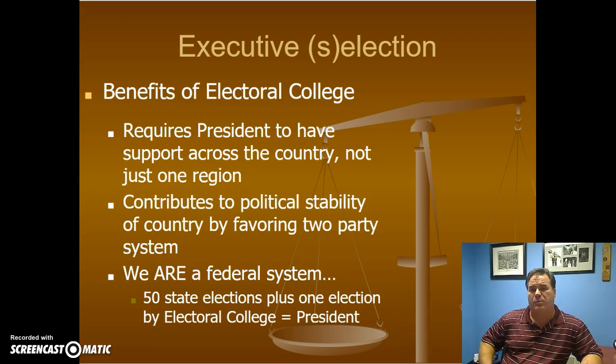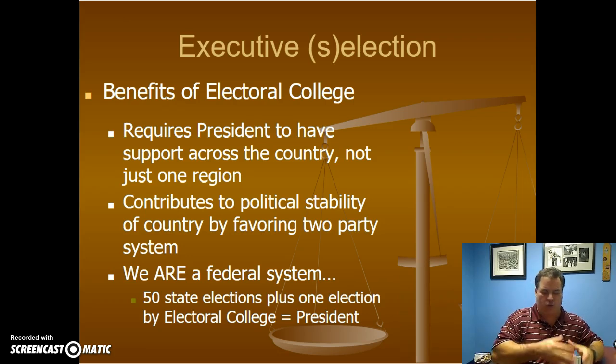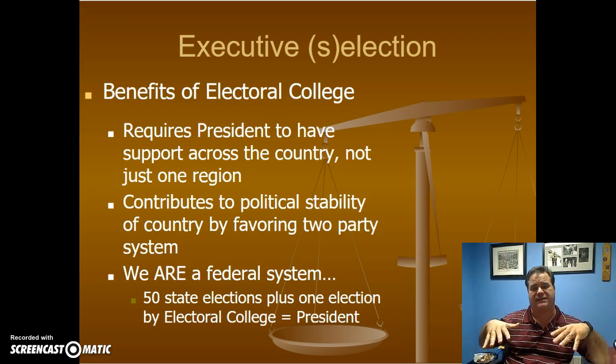And keep in mind, it also supported the idea of federalism. Okay, we are a federal system. We have states today, we have 50 states, each that holds its own election. Okay, so just as the federal principle holds that the states have certain things they do at the state level, and then the national government has certain things it does at the national level.